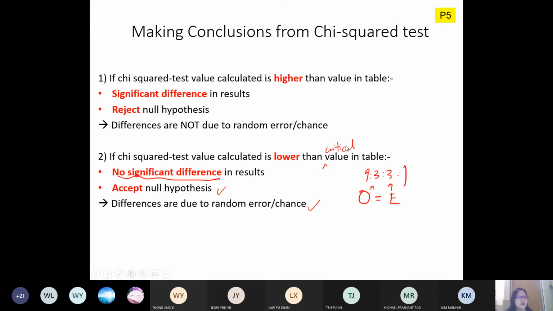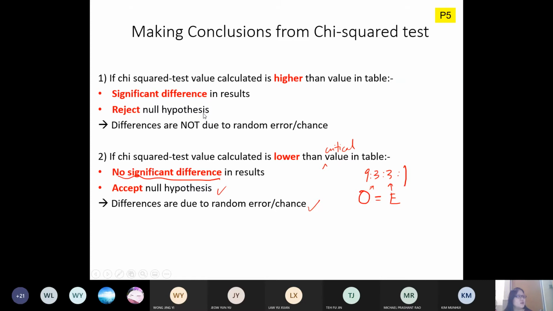Okay. All right. What if our experiment didn't work? What if our chi-square value is higher than the value in the table, higher than the critical value? Now this would be completely opposite to the explanation we just gave. So if it's higher, then there is a significant difference. Then we have to reject the null hypothesis. Again, the null hypothesis is that there is no significant difference between the observed and expected.